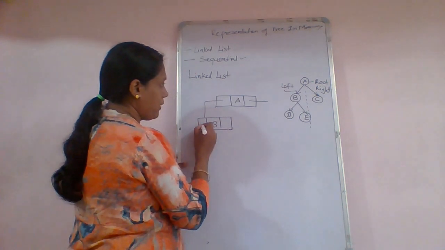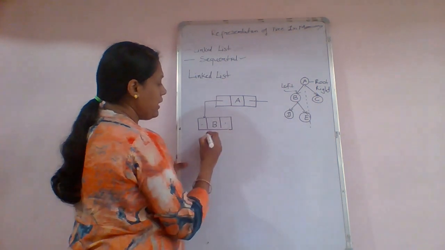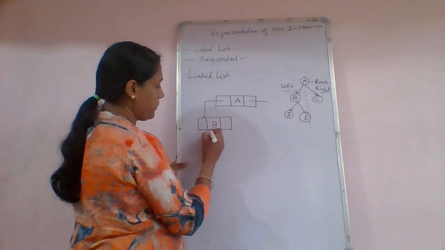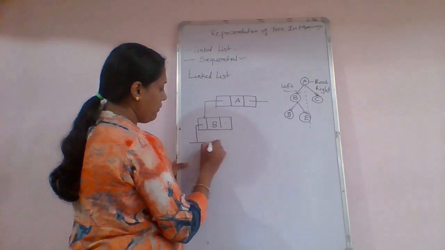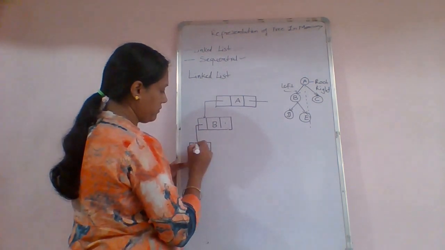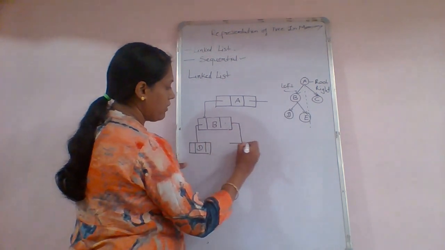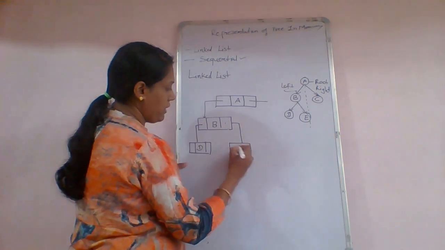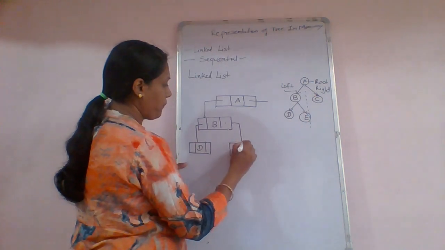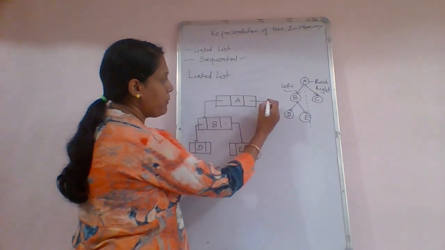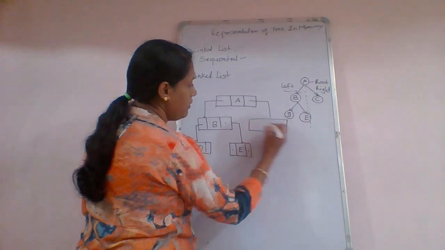B. Okay. From B, again there are two nodes. At the left the D node is there and at the right the E node is there. And from the right subtree of A, there is one node, the C node.